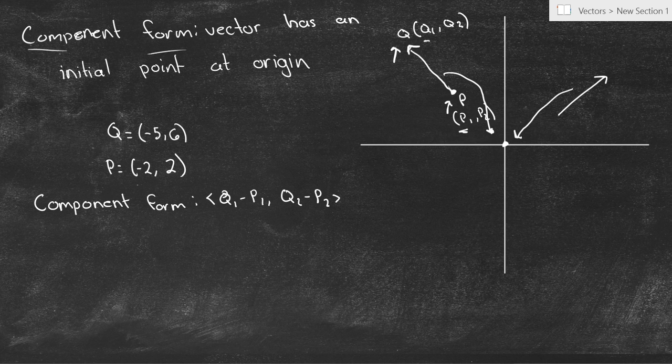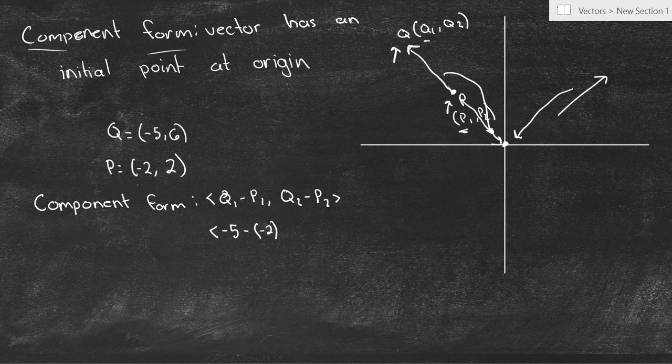What that will do is get rid of this space right here, and make everything start right at the origin. So in this case, Q1 is -5, so we've got -5 minus a -2.